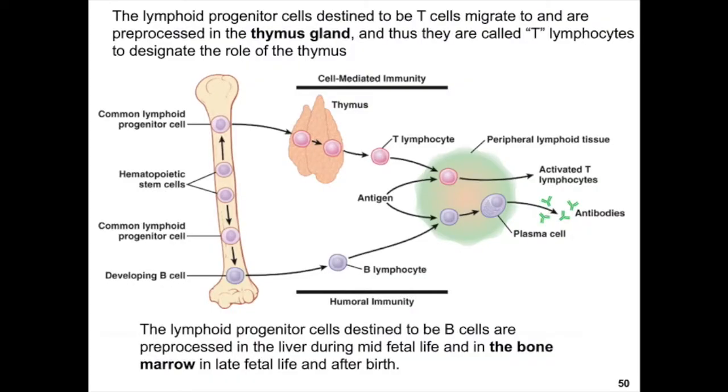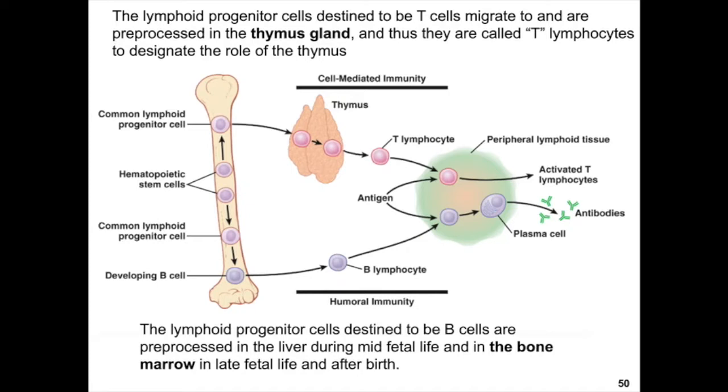But what's important to understand is that both the B cells and T cells come from the lymphoid line in the bone marrow. But then the B cells mature in the bone marrow, whereas the maturation of the T lymphocytes occurs in the thymus.